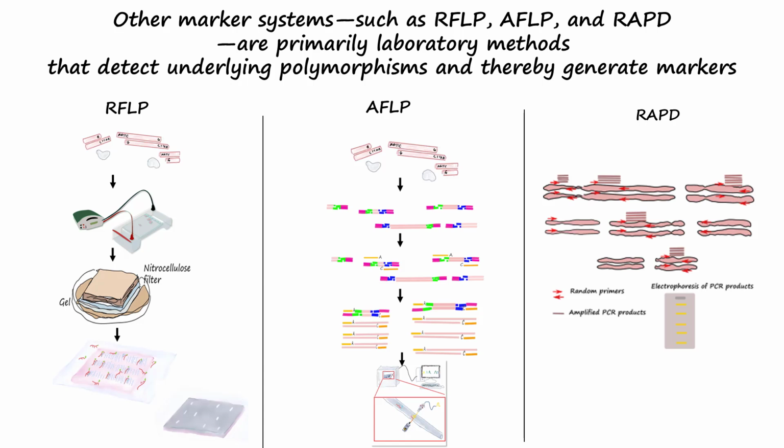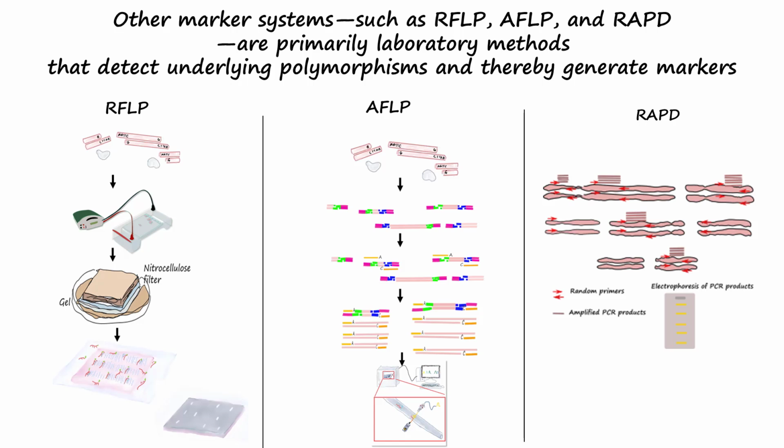Some widely used marker systems, RFLPs, AFLPs, and RAPDs, do not directly assay a known SNP, indel, or repeat. Instead, they function as techniques that generate sets of markers, typically in the form of fragment or banding patterns.